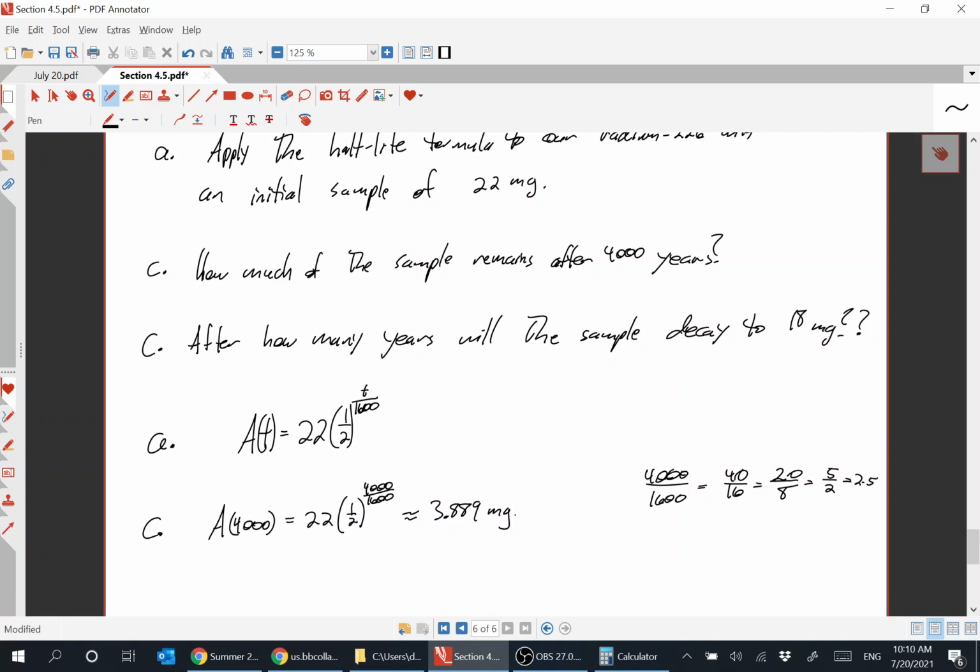Every half-life period reduces the sample by 1/2. During the first 2 half-life periods, you reduce by 1/4. 1/4 of 22 is 5.5 milligrams. Then one more half-life period takes you from 5.5 to about 3.9. So that's about right, intuitively.